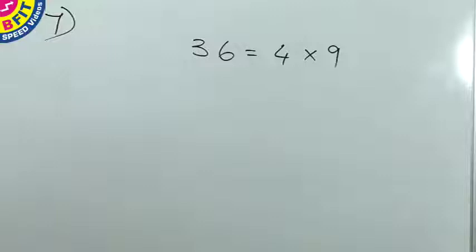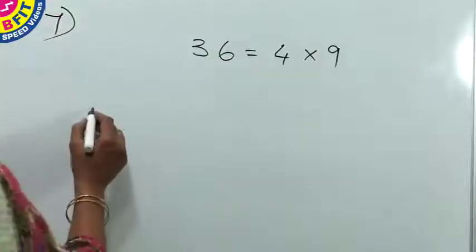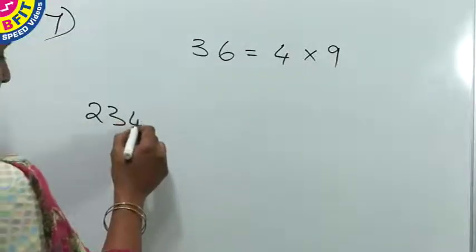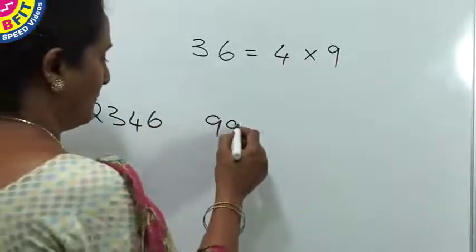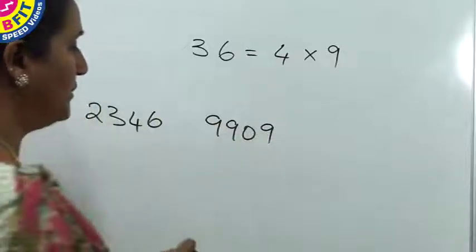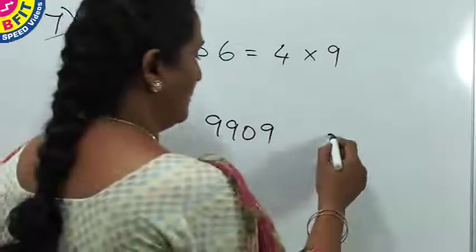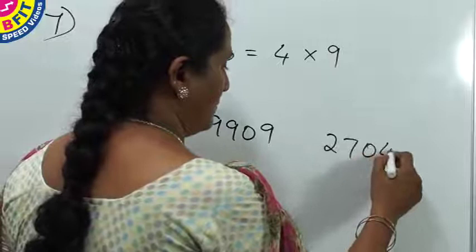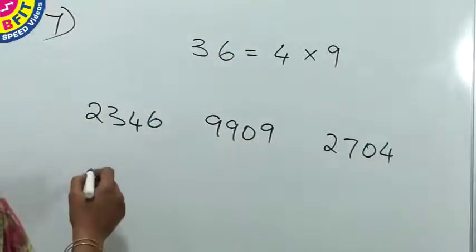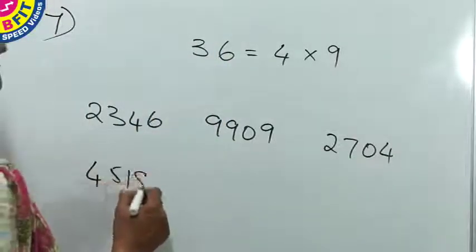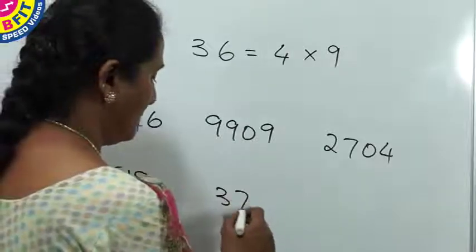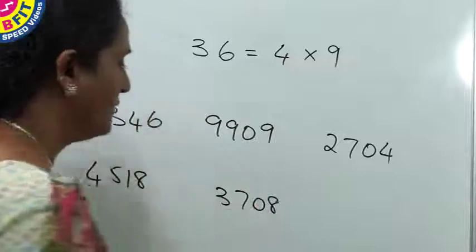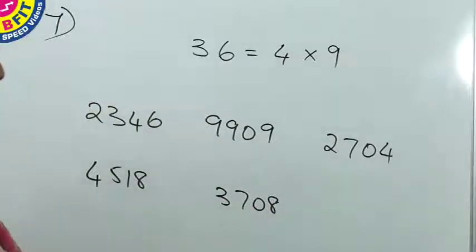Proceeding from the options, we have the numbers 2, 3, 4, 6, 9909, 2704, 4518 and 3708. So we have to check which of the following numbers 36 divides.